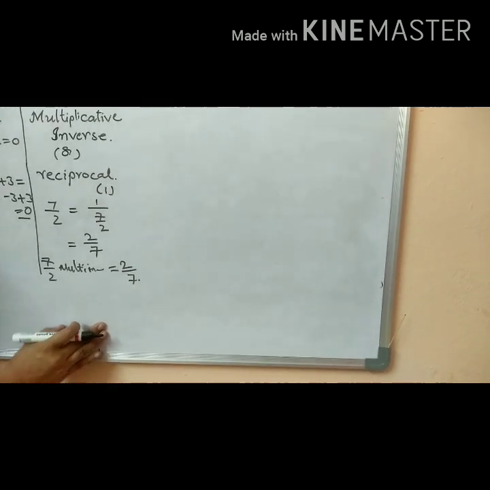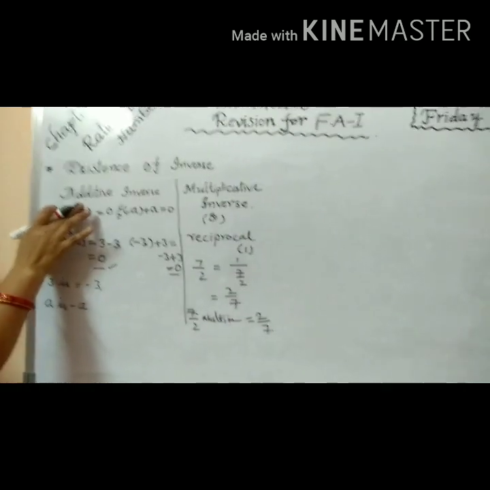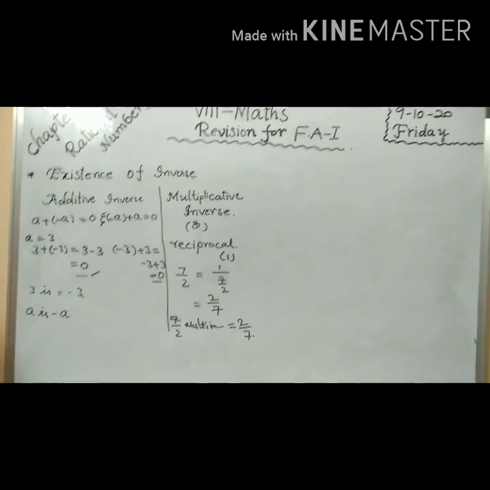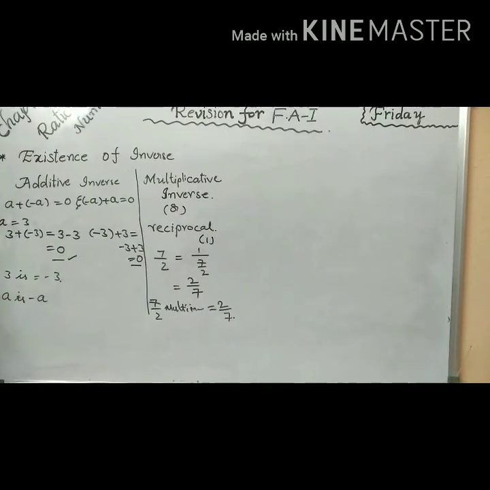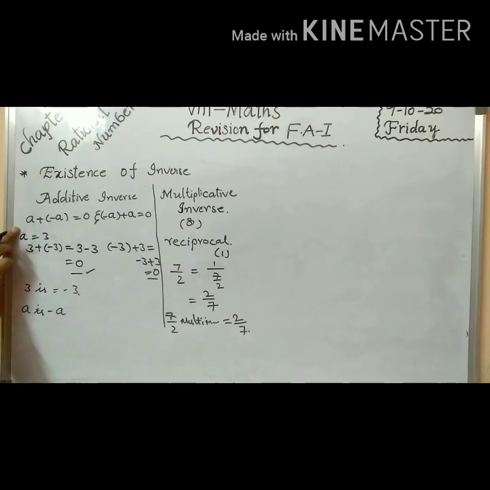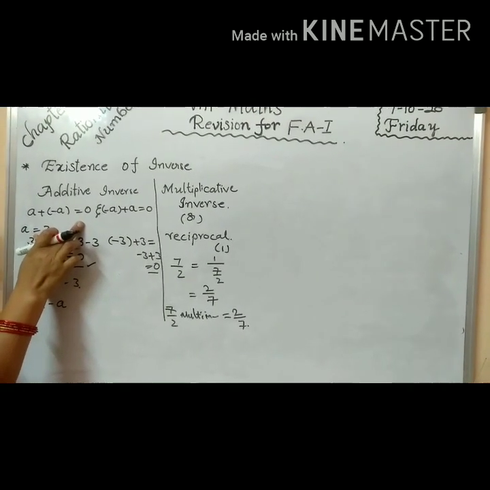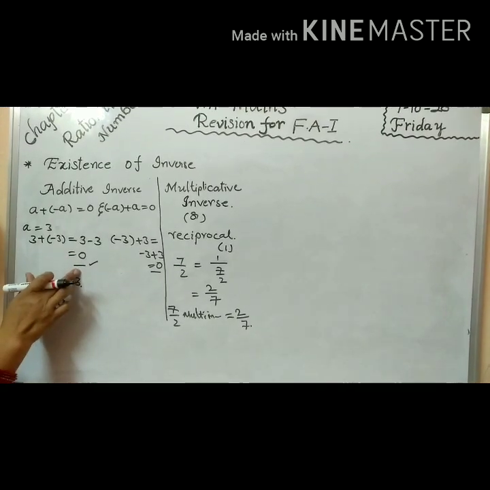Okay, children. The existence of inverse is divided into two parts: additive inverse and multiplicative inverse. Multiplicative inverse has another name, the reciprocal. In the case of additive inverse, you have to take two numbers whose sum is 0. 3 plus minus 3 equal to 0.